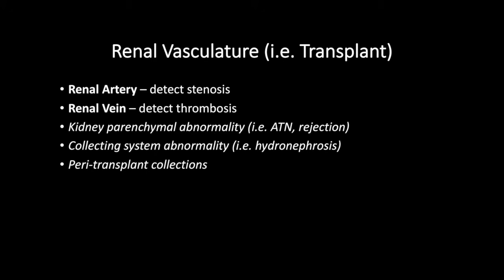Okay, let's talk about the renal vasculature, the vasculature to a kidney. And so, the most common thing that you're going to see clinically with ultrasound when you're interrogating renal vasculature, again, depending on where you practice, is generally going to be renal transplants. But most of these principles apply to vascular ultrasound in native kidneys as well. For those of you who haven't looked at many renal transplants before, at first renal transplant ultrasound can feel a little bit complicated.